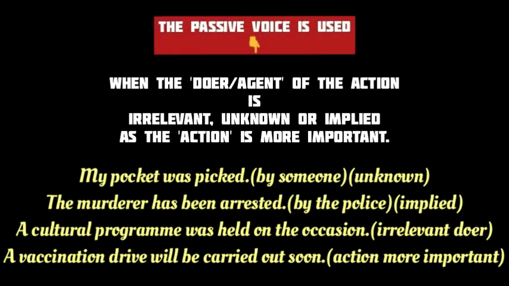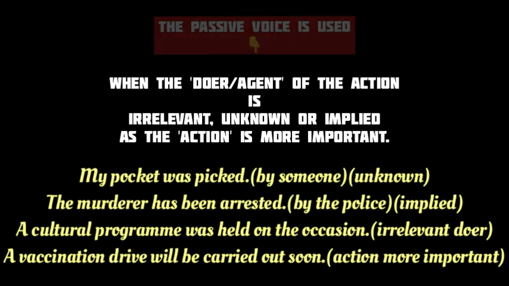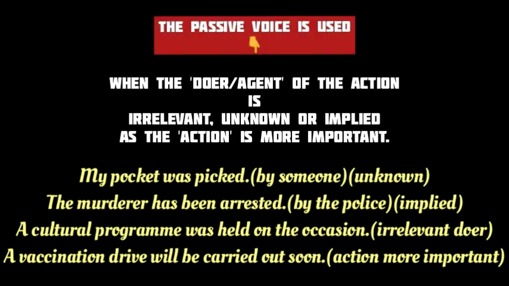Why? Because the doer or agent of the action is unknown here, and the act of picking my pocket itself is more important than the doer. In the next example, the doer of the action, the police, is implied, and the act of arresting the murderer is more important, so the sentence has a passive construction.